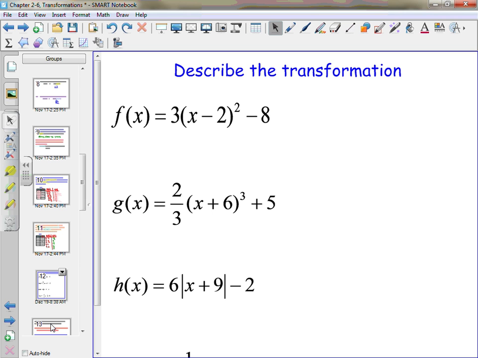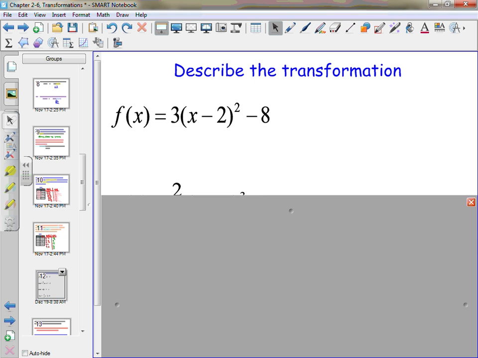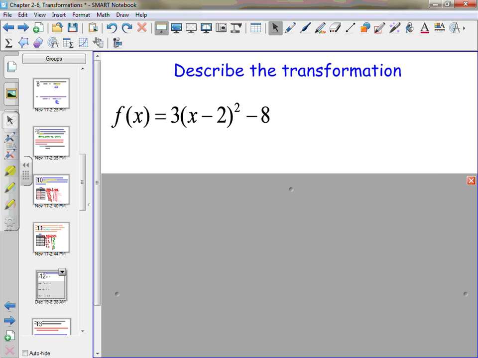Now, here's what I want to know. Can you describe the transformation for these things? So let's look at f of x. I want to know what's happening to this thing. What does the 3 represent? Okay. What does the 2 do on the inside, what does that negative 2 do?